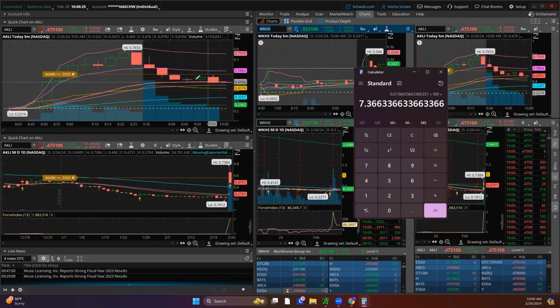So from my entry here at 0.505 to the height of this candle means I was up 7.3% gain on this move.